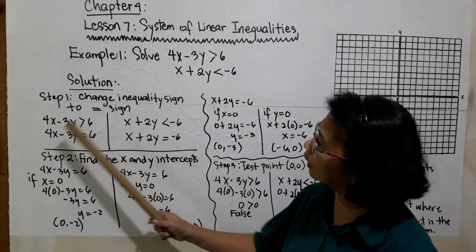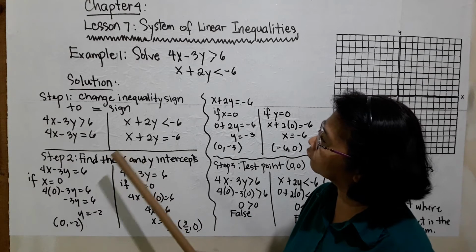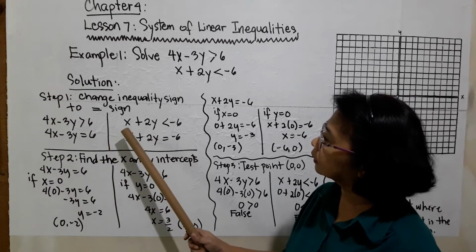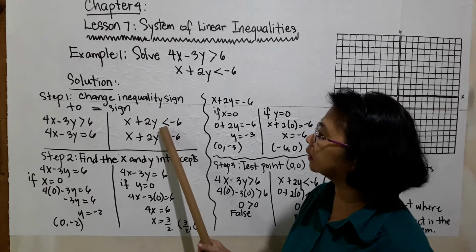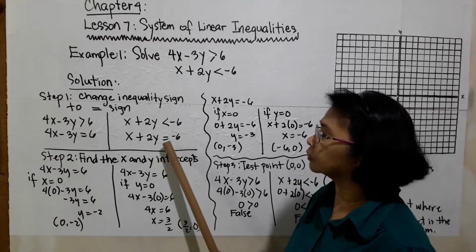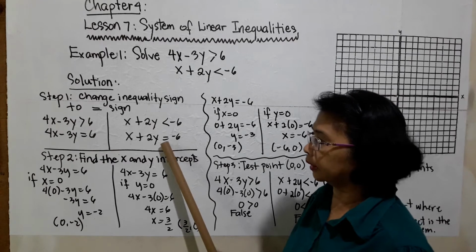Just like what we have here at the left side for the first inequality, the second inequality, the symbol is less than. So instead of using this, we will use equal sign. Okay?